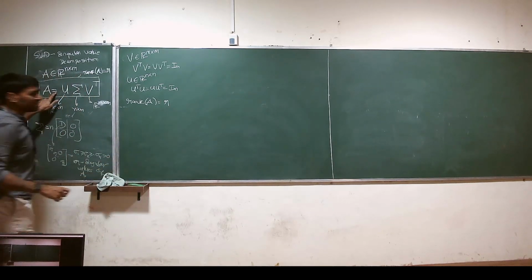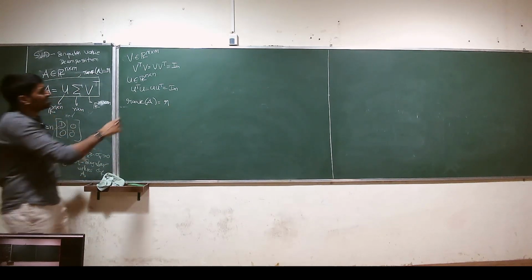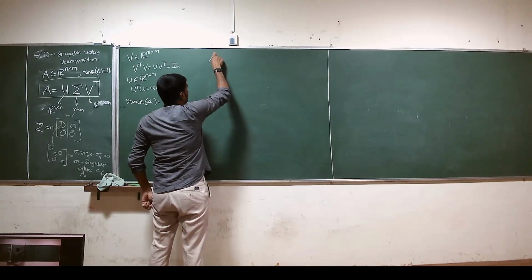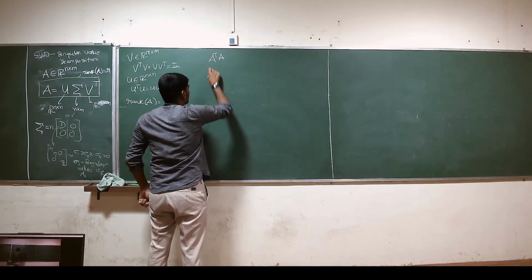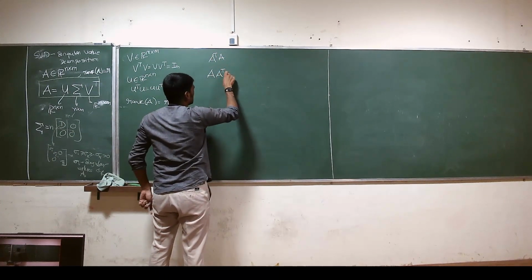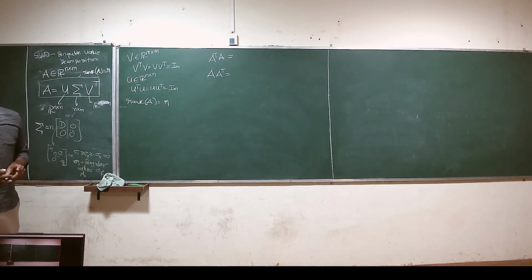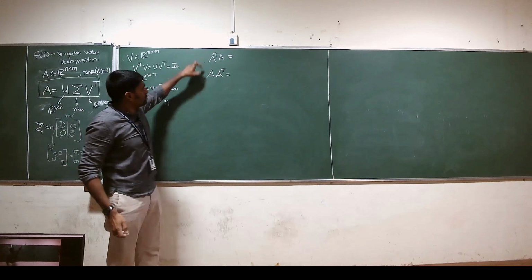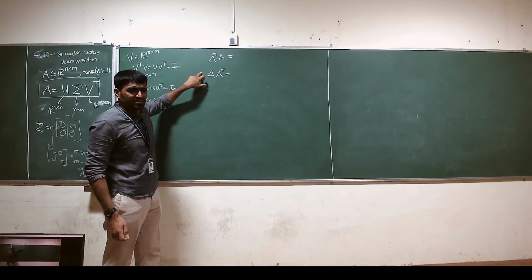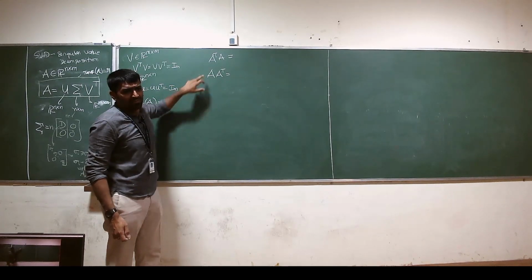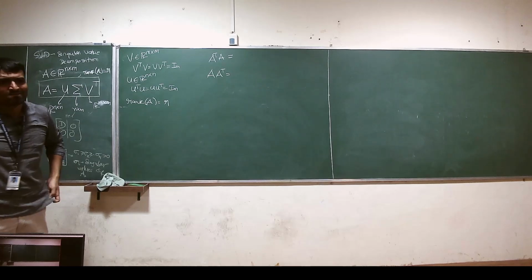Okay. If A can be written like this, right? Tell me what is A transpose A, and tell me what is A A transpose. First of all, are these two symmetric matrices? Yes or no?